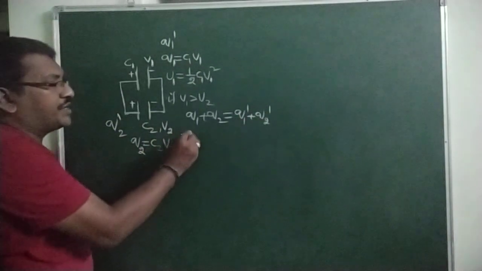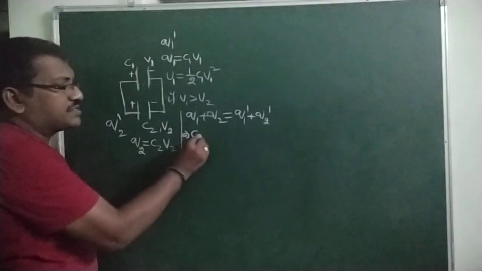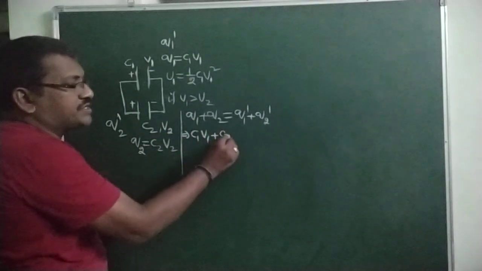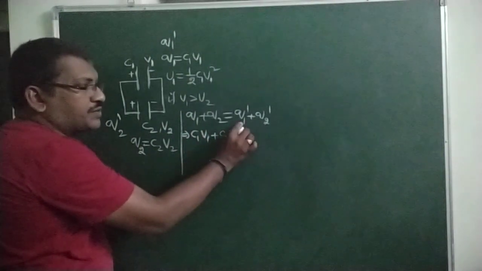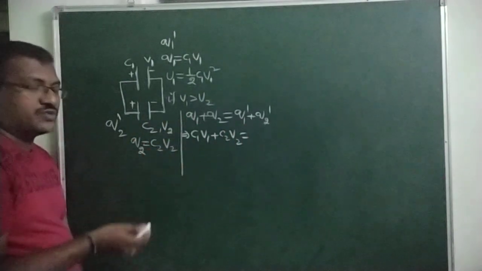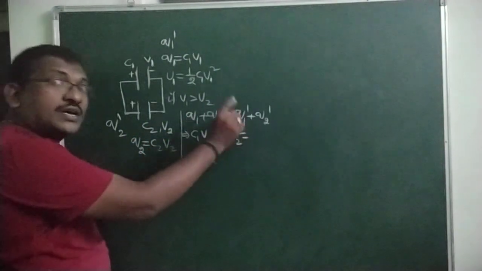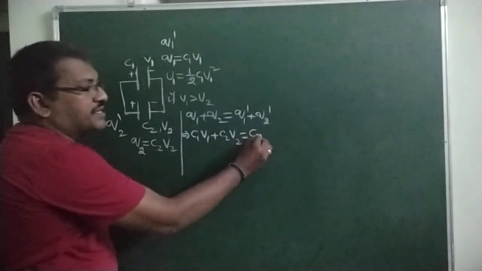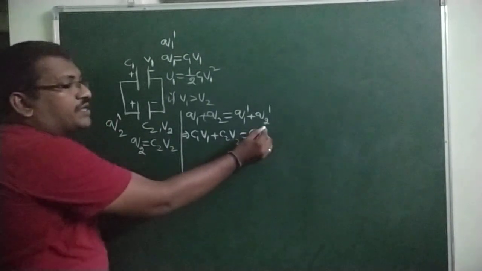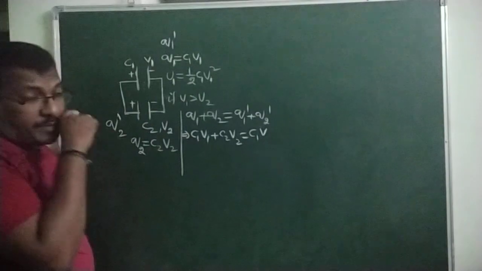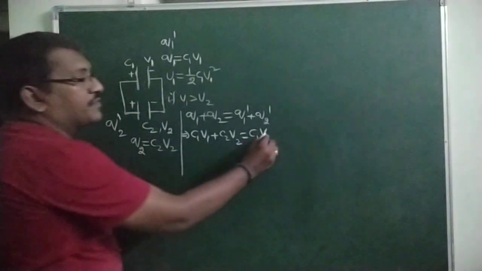So from that what you get here: Q1 is equal to C1 V1 plus Q2 means C2 V2, and that is equal to Q1 dash, the charge on the first capacitor after connection. That I am taking as C1 V, where V is the common potential after connection.